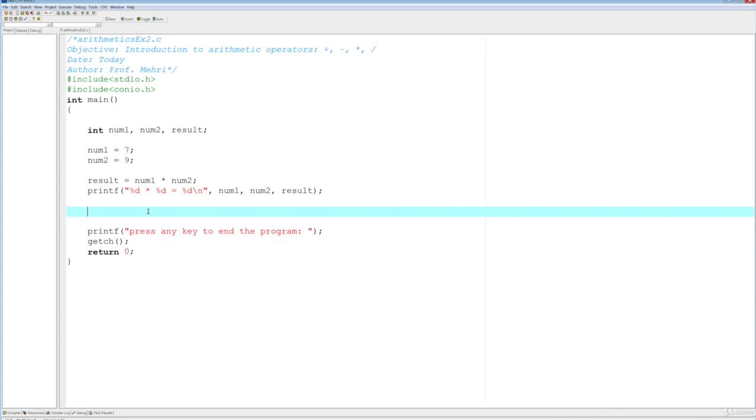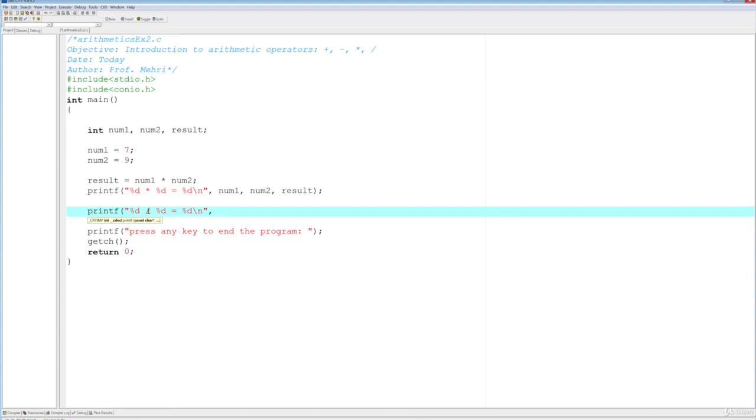Now we could do it in the printf statement itself, or we could change the result if you want. So a %d divided by %d equals %d. The result is an integer, \n.